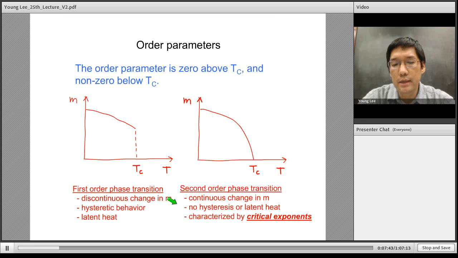And we can characterize the transition in the vicinity of Tc, how this order parameter is changing, by what's known as critical exponents. In the vicinity of Tc, we call that the critical region. So I'm going to focus now primarily on second order phase transitions, which have this continuous change in the order parameter.